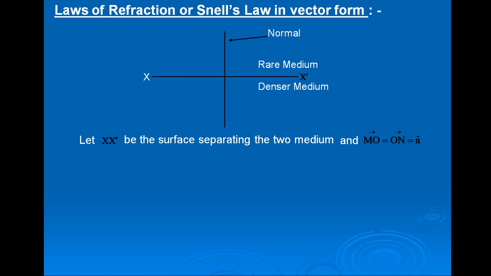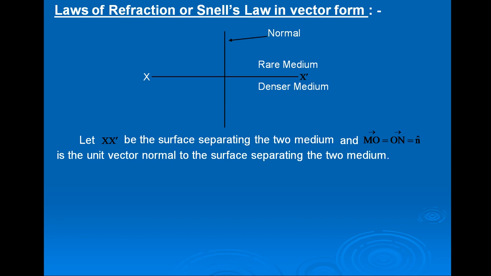MO vector is equal to ON vector is equal to n cap, the unit vector normal to the surface separating two media, or along the normal to the surface separating two media.